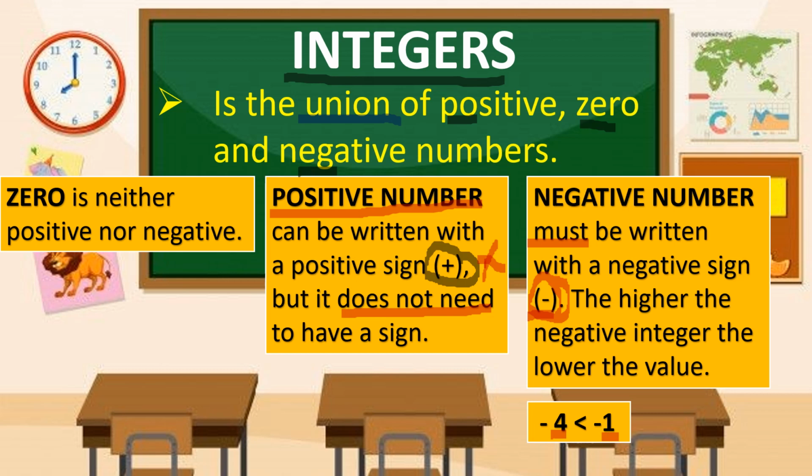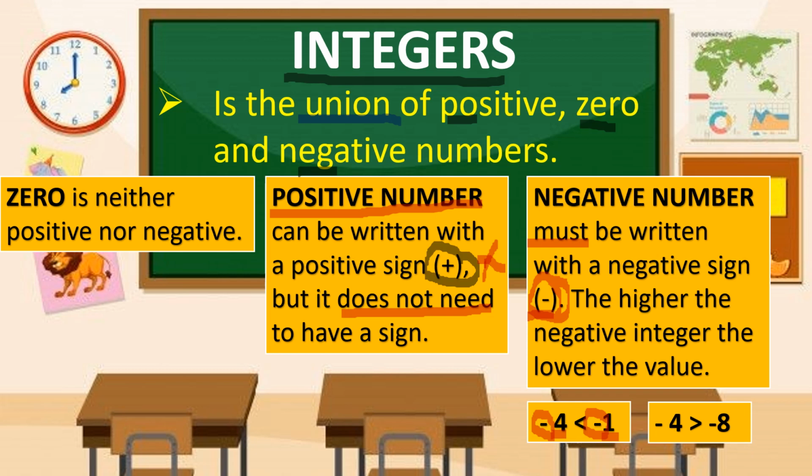But, since sila po ay negative, kapag pinag-uusapan natin ay negative number, kahit gaano kataas yung number na yan, mababa po ang kanyang value. That's why negative 4 is less than negative 1. Okay? So, mas malaki po si negative 1 kaysa kay negative 4.